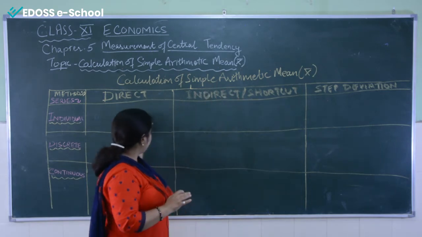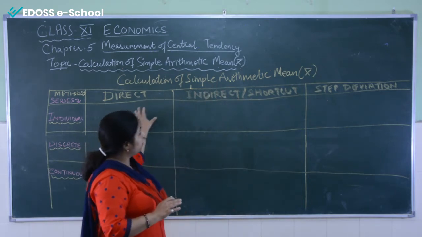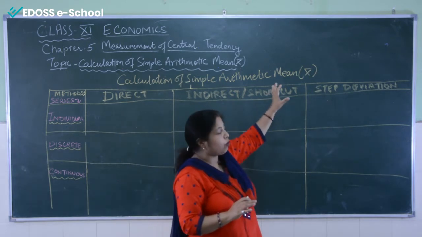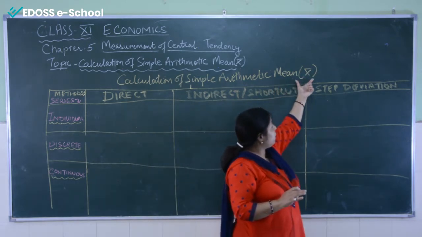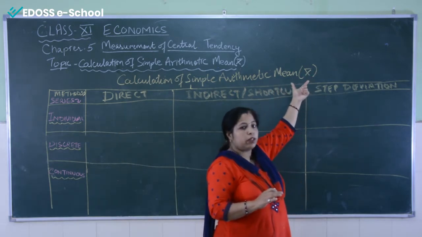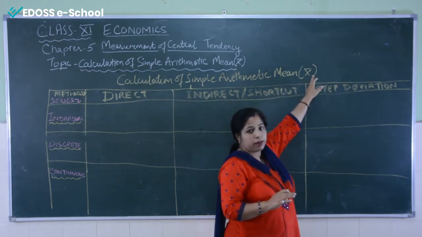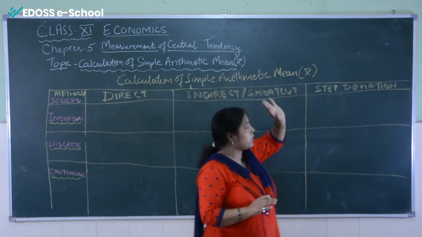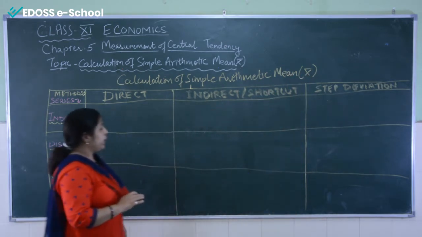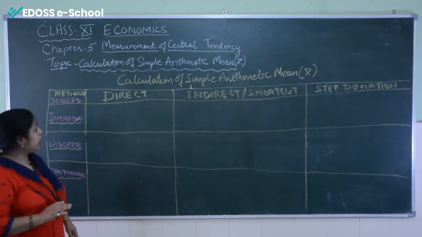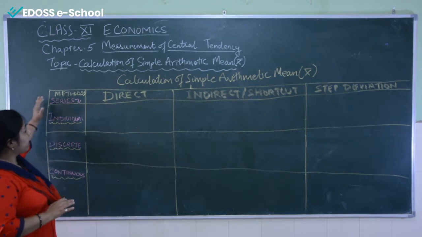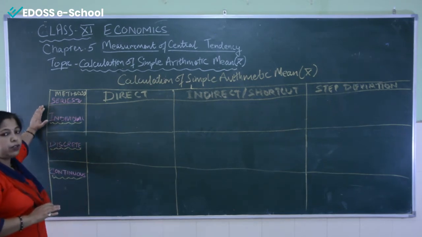Before I start with the formulas, you must remember, which I have already discussed before, the abbreviation used to write mean is x bar. So you have to remember this always. Now we are starting the calculation, how to calculate mean under individual series.